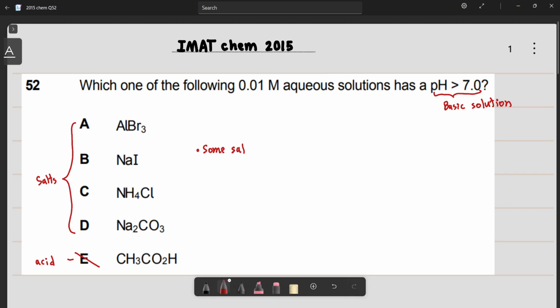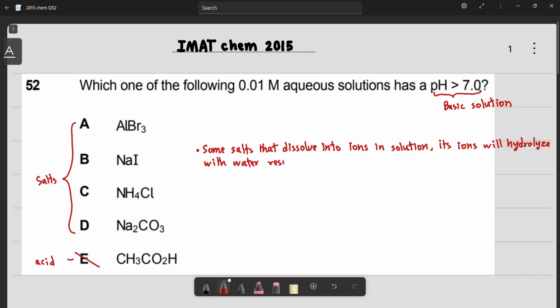Some salts that dissolve into ions in solution, its ions will hydrolyze with water, resulting in a solution with change in pH.